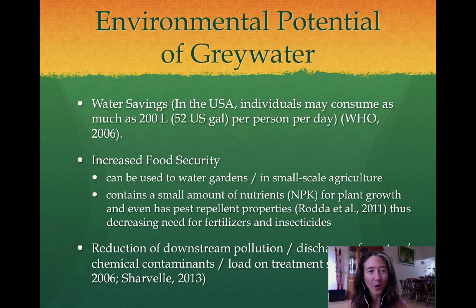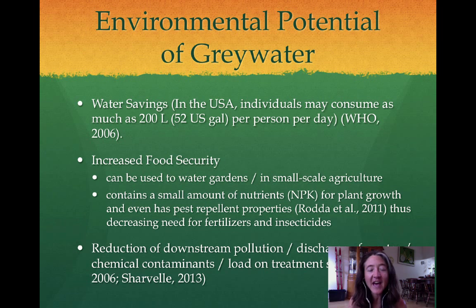Maybe you didn't know it, but the average American uses something on the order of 100 to 200 liters per person per day. Whoa, wait, think that through. Hang on, 100 to 200 liters per person per day. I think I can think of some of those people that are on the 200 liter side of things.